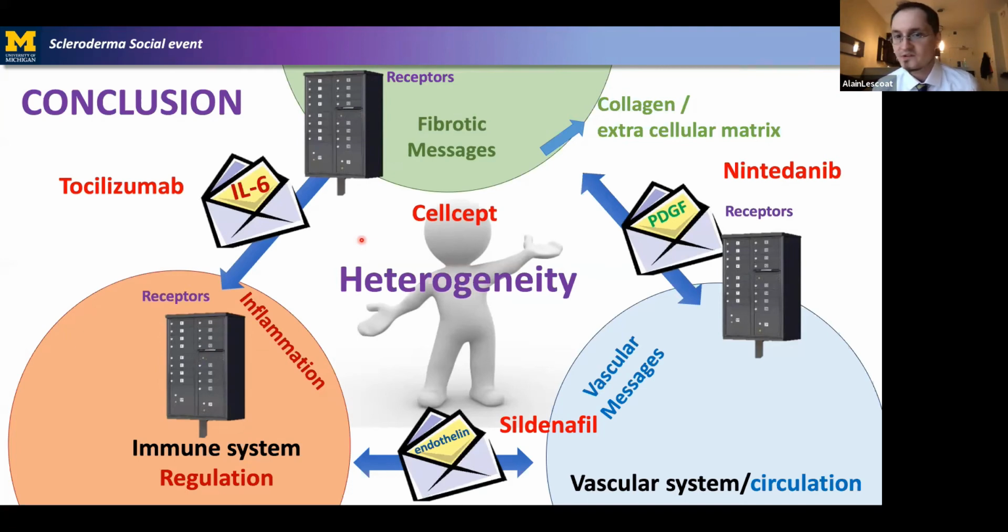I'm convinced that we won't be able to say that there is one cause of the disease, but there are probably different causes, and this explains the heterogeneity of the disease. For example, in some men, and I say only some men, we know that exposure to stone dust, which is called silica, can trigger the immune system, and this may participate in the inflammatory messages, and maybe this is one of the triggers.